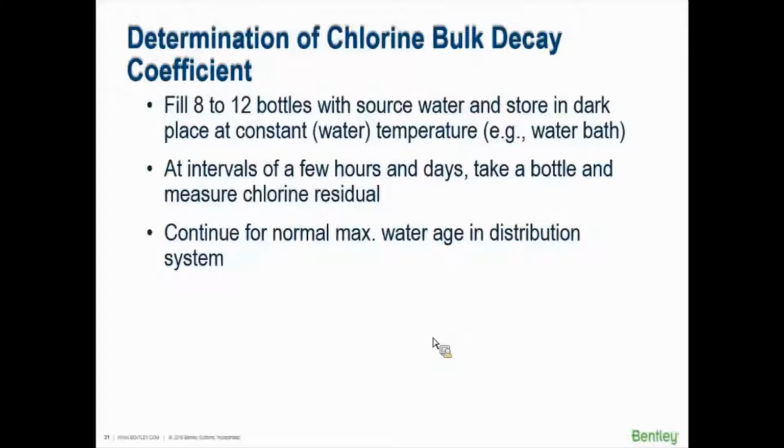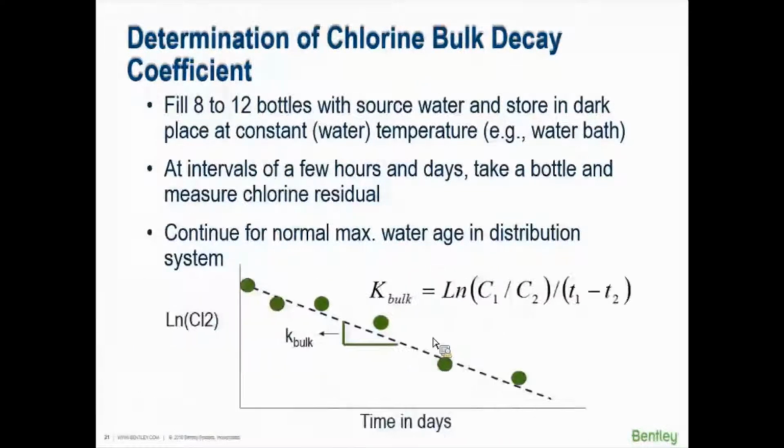So you're in effect kind of in a laboratory condition, measuring for your water quality parameters and all of the variables that are in there, what the actual chlorine decay rate is. And remember, this is the bulk reaction rate, not the reaction rate that's happening along the pipe, but this is just kind of the body of the water, the body of the pipe itself. So you then plot those values, the actual chlorine values.